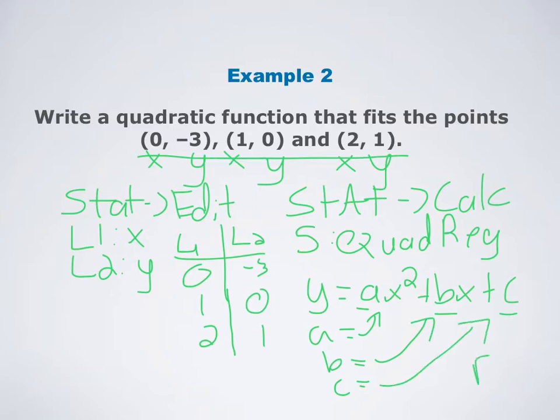Okay, also on the bottom there you should see an r squared value. That again is going to tell you how well it fits. I believe for this one, because we're only using 3 points, it should be a 1. If for some reason it's not, you may have typed in a point incorrectly. Alright, so hopefully you're getting that. If not, we can definitely look at this one tomorrow once I'm back as well.